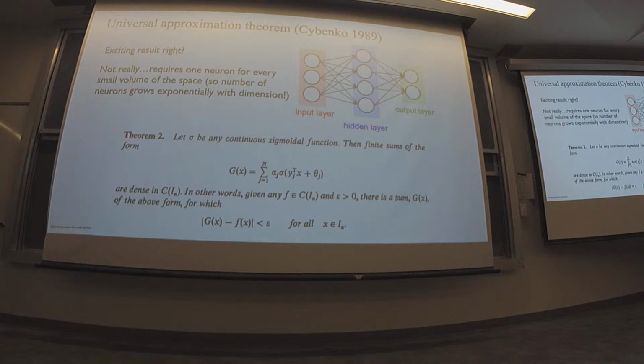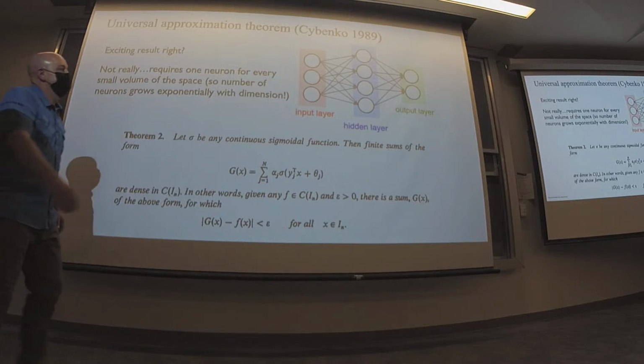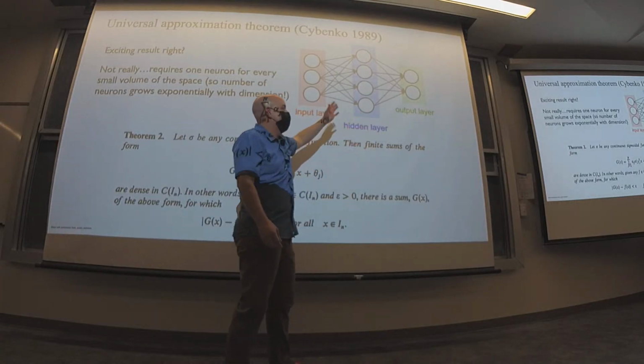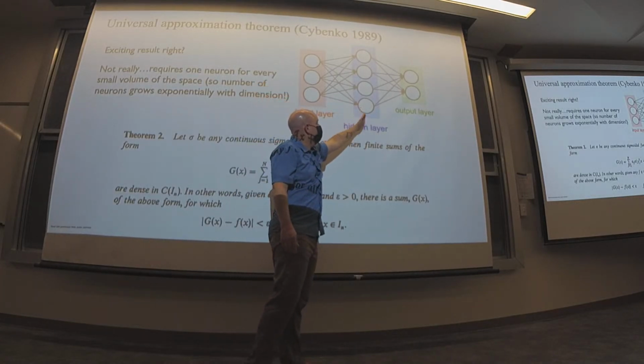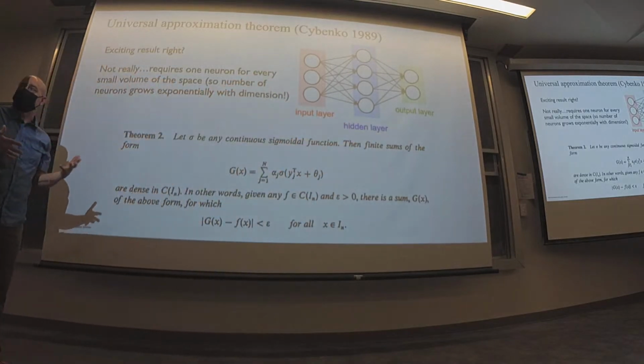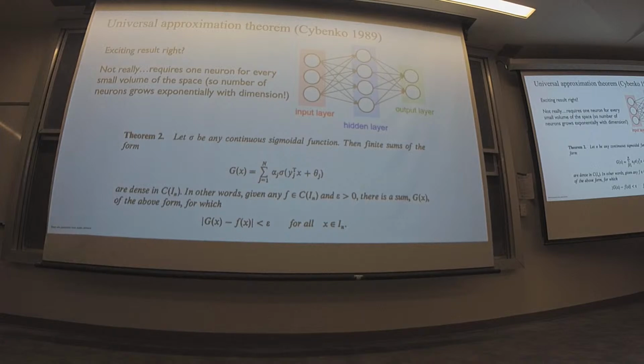So in practice this is not good, because you're going to have a network with, I don't know, it depends how complicated the function is, but possibly millions and millions of these units, in which case this is practically not usable. So yay, math said some good things, but in practice, no, that's not good.